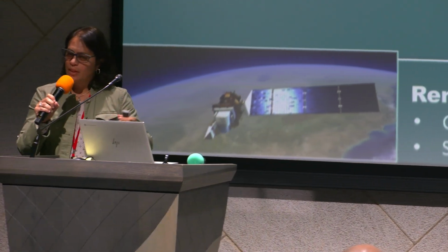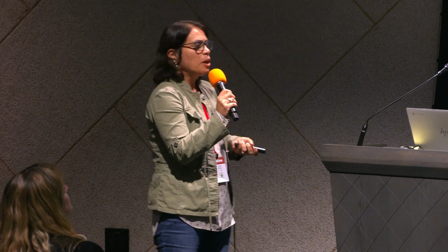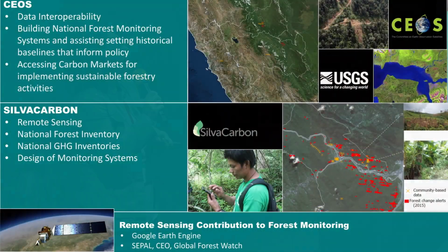So I work for USGS, and we have two capacity building programs there. One is Silvacarbon, and the other one is a program from the Committee on Earth Observation Satellites, CEOS. Both of these programs aim to help countries to use remote sensing data and ground-based data to build national forest monitoring systems for reporting to REDD.